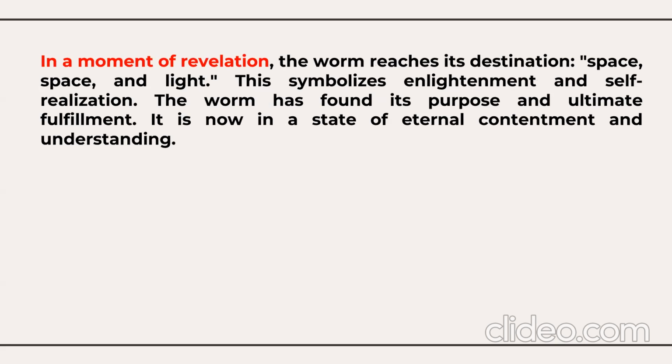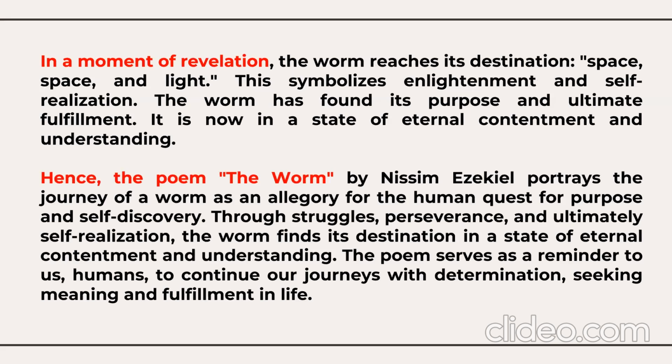This symbolizes enlightenment and self-realization. The worm has found its purpose and ultimate fulfillment. It is now in a state of eternal contentment and understanding. Hence, the poem The Worm by Nissim Ezekiel portrays the journey of a worm as an allegory for the human quest for purpose and self-discovery.